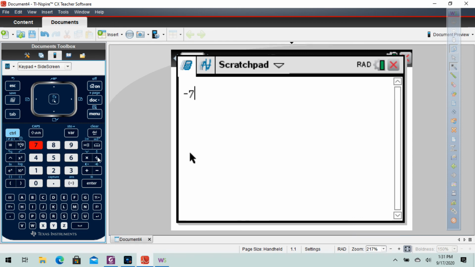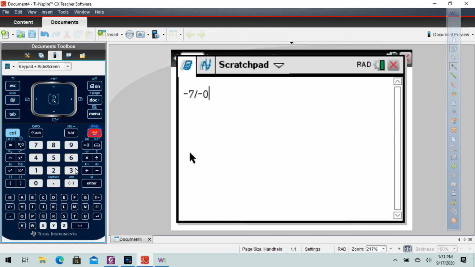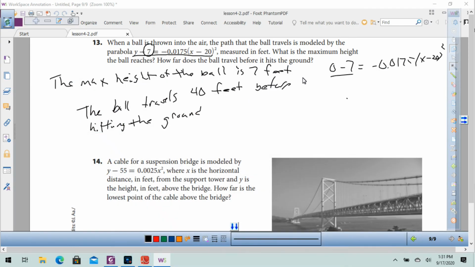Negative 7 divided by negative 0.0175. That gives you 400. So 400 equals x minus 20 squared.